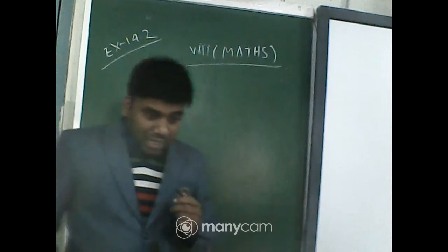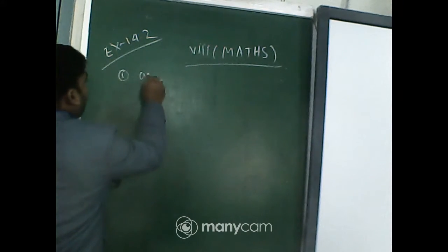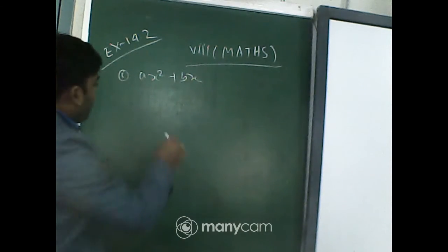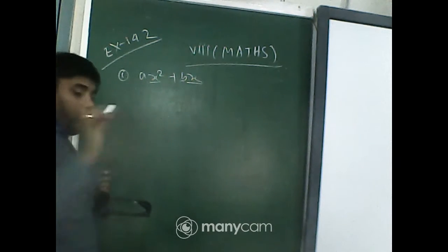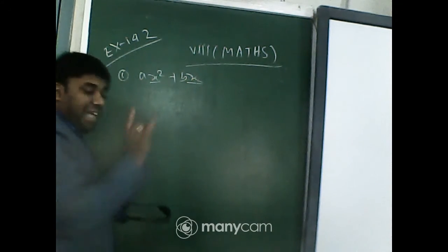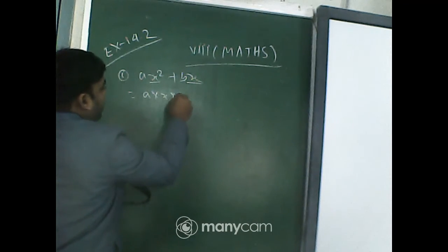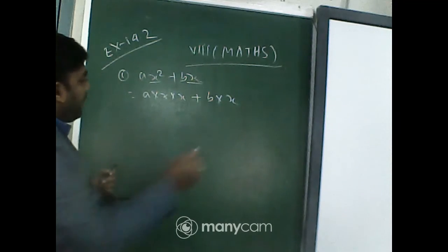First question: ax square plus bx. Look at the board, students. In ax square, that is a into x square, and plus b into x. The only common term is x.